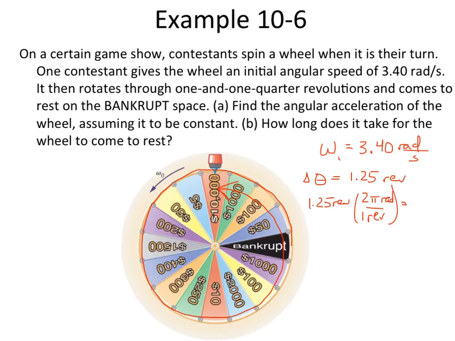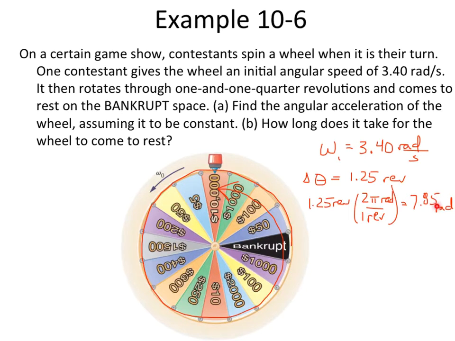Our delta theta is going to be 7.85 radians. If you think about it, 1 revolution is 2 pi, about 6.28 radians, so 1 1/4 gets us up to 7.85, close to 8. That's our angular displacement in radians.